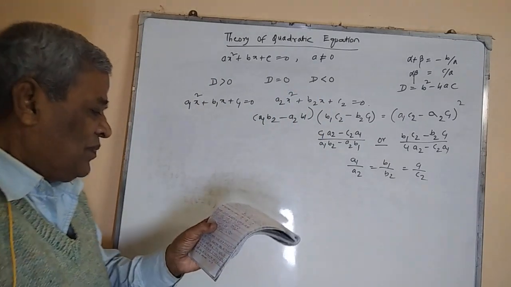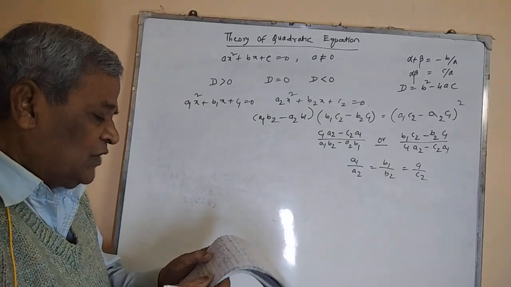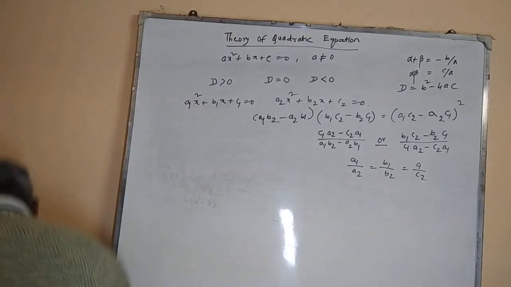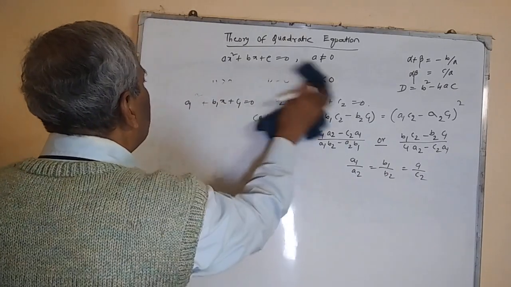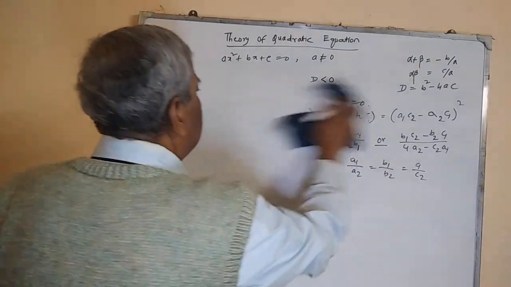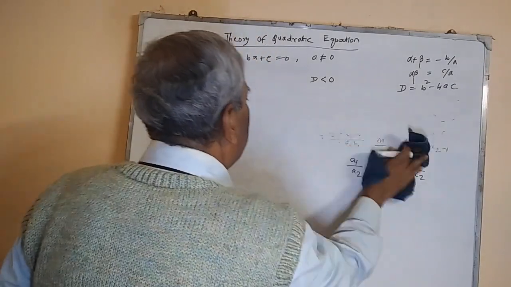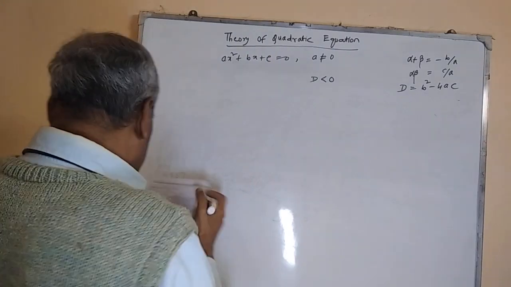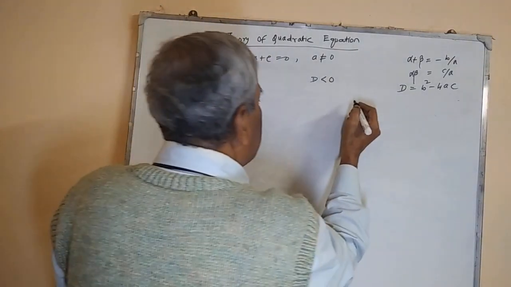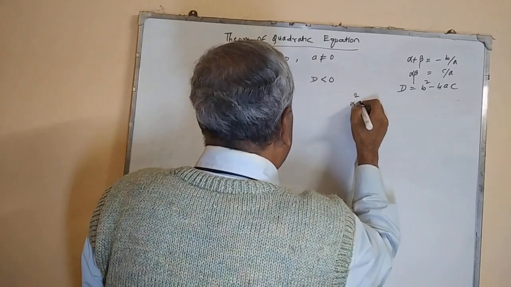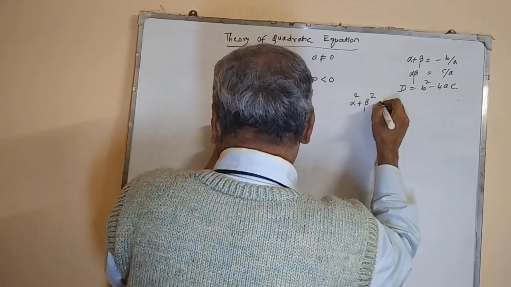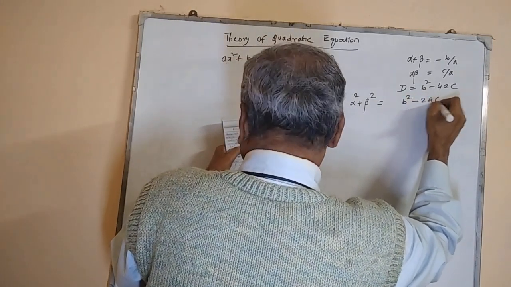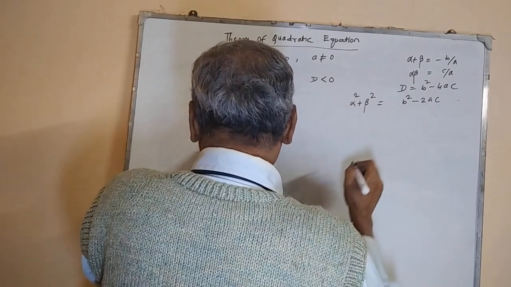Next I discuss symmetric functions of roots in terms of coefficients. alpha square plus beta square, you know it well, I think, is equal to (b² − 2ac)/a².